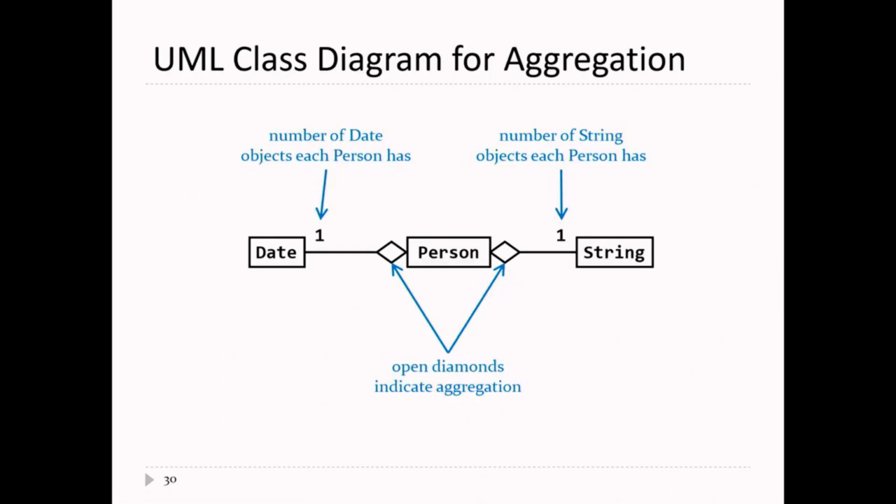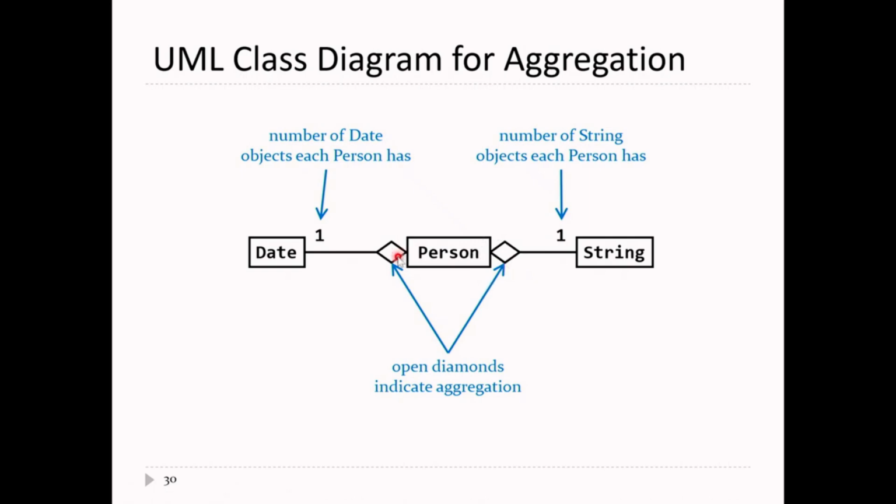So to show an aggregation relationship, the picture looks slightly different than association. It's still a solid line, but now the whole object, so person is the aggregation, gets diamonds attached to it.